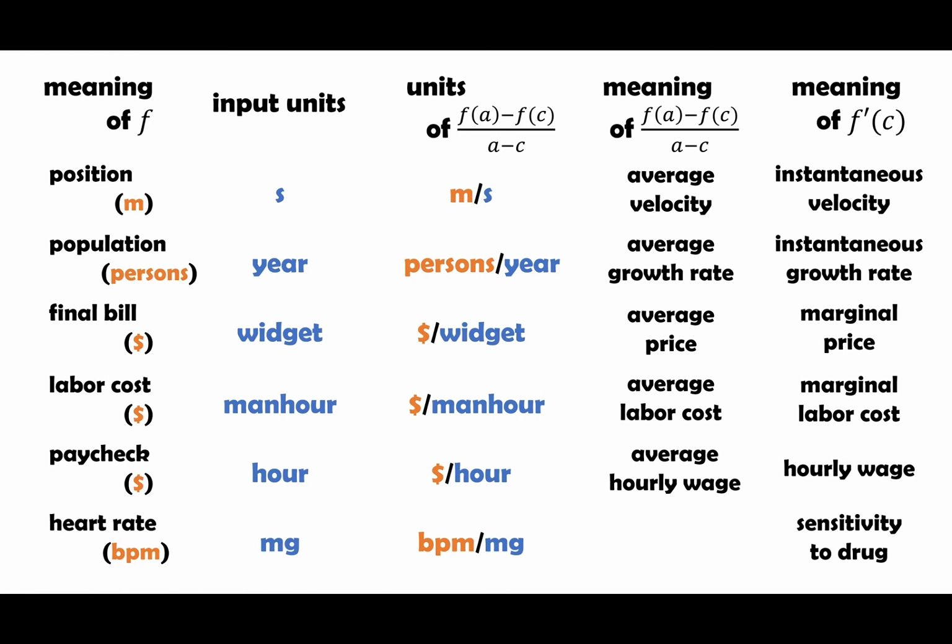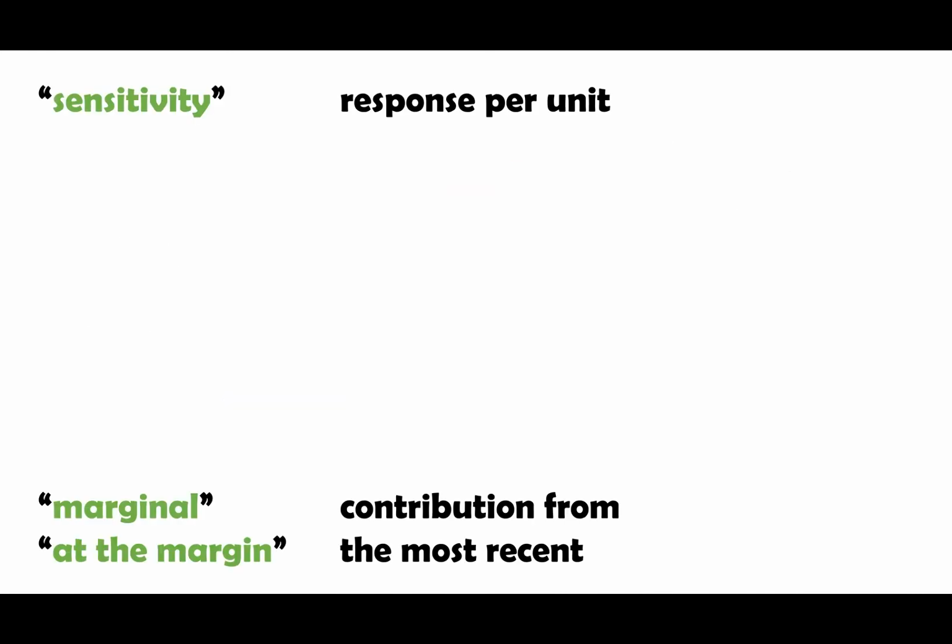All right, let's talk about these words, marginal and sensitivity. I introduced those. Maybe you haven't seen them before. Let's try to understand what they mean. If you ask someone in the medical field what sensitivity means, they'll say something like, it's the response per unit. So I say my skin is not very sensitive to sunlight. If I'm out in the sun for 15 minutes, my skin isn't going to be bothered by that.